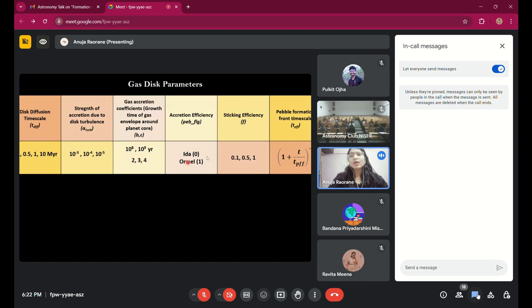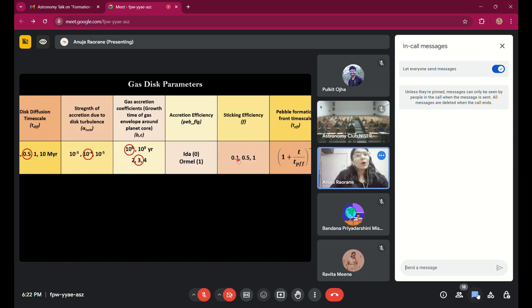So we tested them. Sticking efficiency is basically that the pebbles have to stick to the planet for the mass to increase. So it's the sticking efficiency of the pebbles onto the planet, a probabilistic parameter, mathematically speaking. And out of this, we chose, as I explained, the ones that gave us massive gas giants.